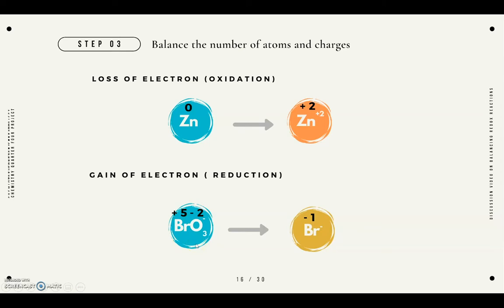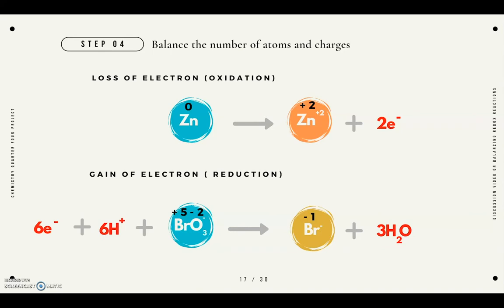So we need to add 3 water molecules on the right side since there is 1 oxygen atom for each water molecule. Now we can balance the hydrogen atoms by adding H plus on the side with the least number of hydrogen atoms. Since there are 6 hydrogen atoms on the right side acquired from the 3 water molecules, we need to add 6 H plus ions on the left.